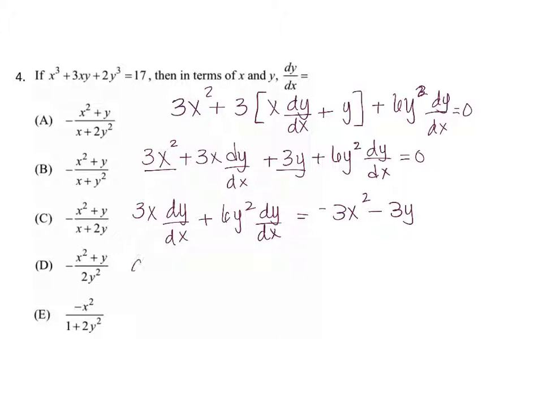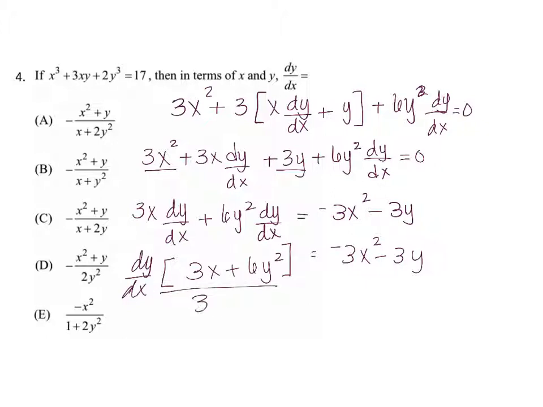And now we're going to factor out dy/dx. And that's going to leave us with 3x plus 6y squared equals negative 3x squared minus 3y. We are going to divide both sides by 3x plus 6y squared.